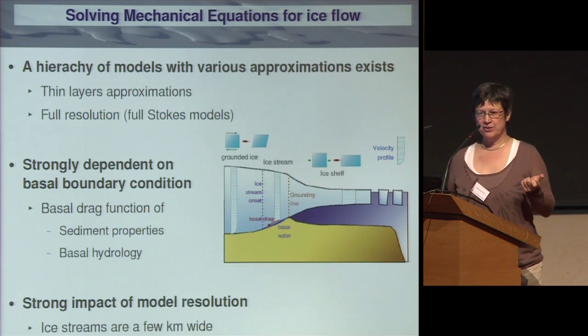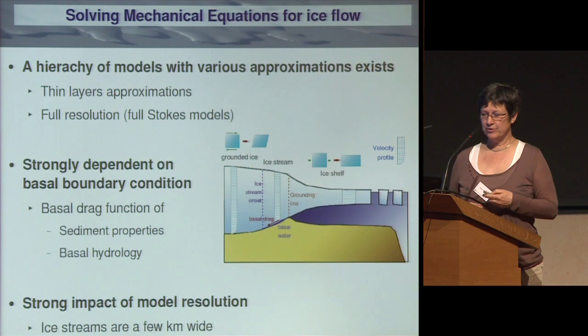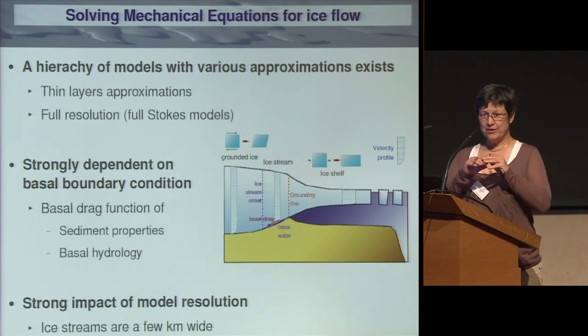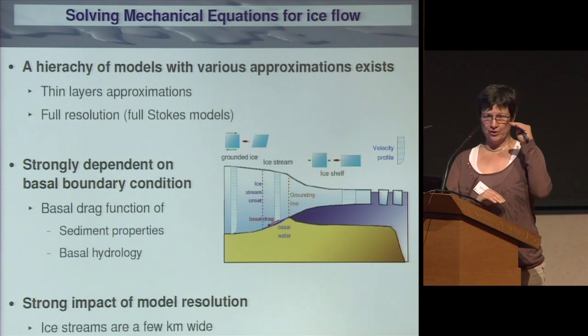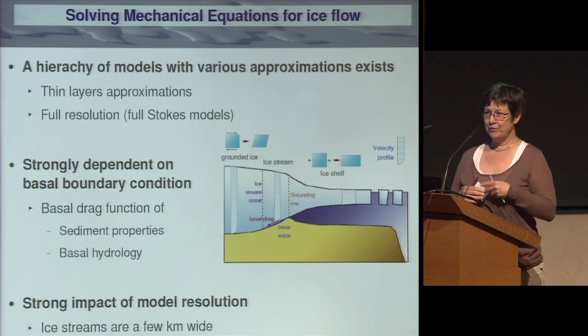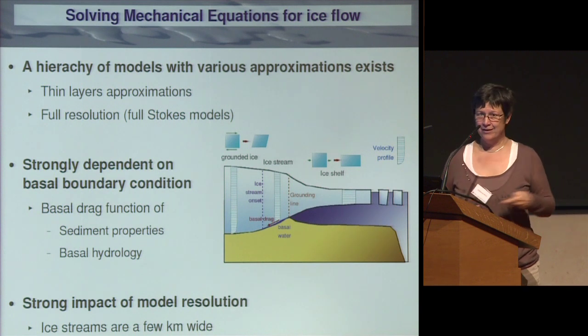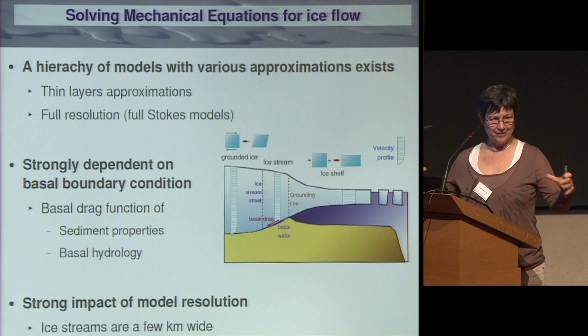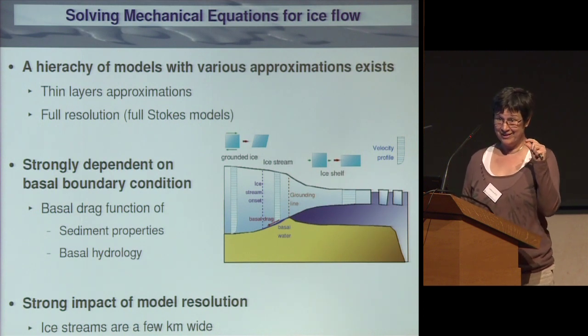So to solve the equations, we now have a hierarchy of models with various approximations. On the previous picture, there was a huge exaggeration of the vertical dimension. If you had Antarctica over there, you would have a 3-meter wide sheet of ice and only 3 millimeters thick.